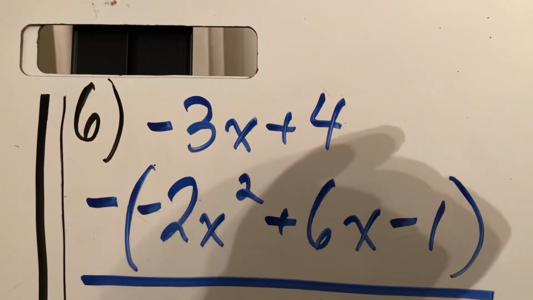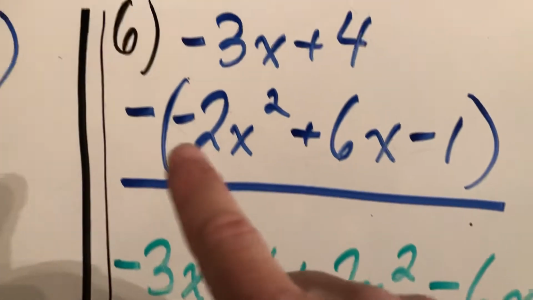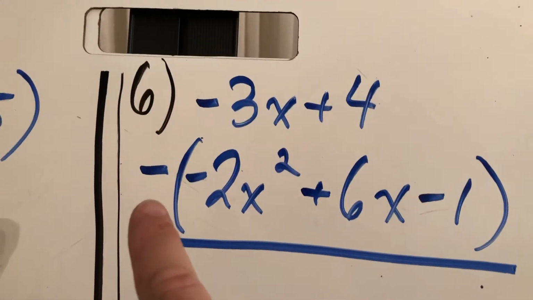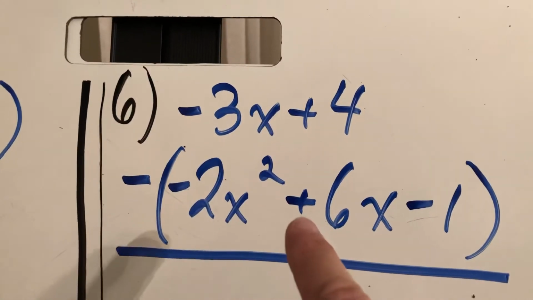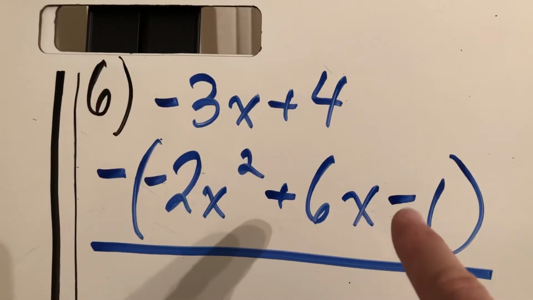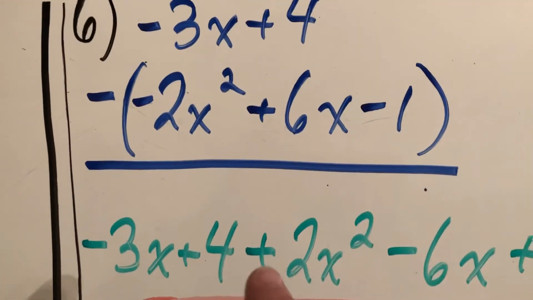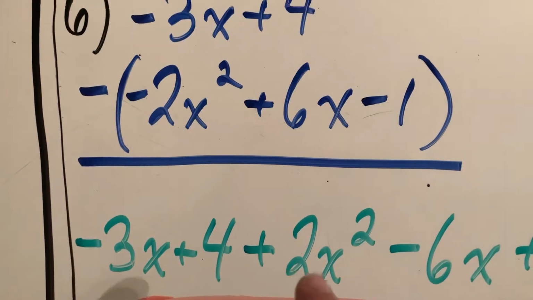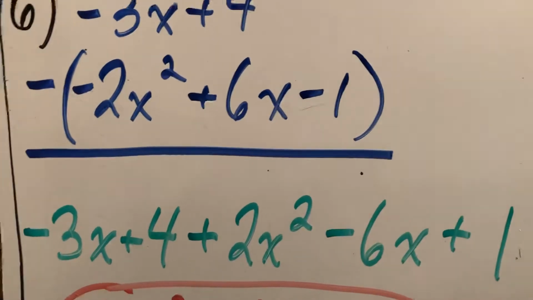Minus 3x plus 4. Okay, minus 3x plus 4. Now, this minus, again, changes the signs on the inside. This will become plus. This will become minus. This will become plus. So we've got minus 3x plus 4 plus 2x squared minus 6x plus 1.